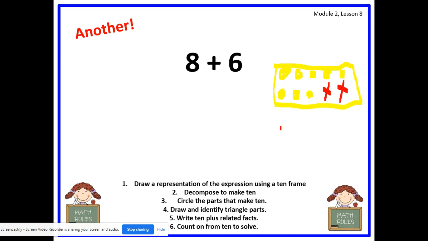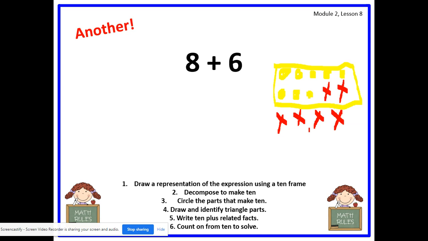So now that I took 2 out from my other part, 6, we're going to count on from 2 and stop at 6. Get ready. 2, 3, 4, 5, 6. Stop. Your picture should look just like mine. 2 X's inside, 4 X's outside.